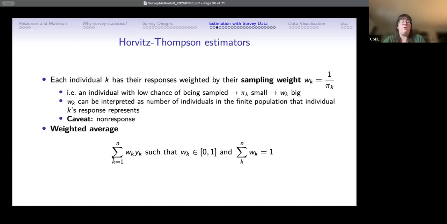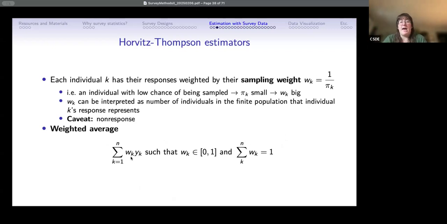You've probably heard of a weighted average before. If we have this sum of weights times responses, and all of these weights were between 0 and 1 and they summed up to 1, then this would be what we call a weighted average, right? Which is something we're all pretty familiar with.